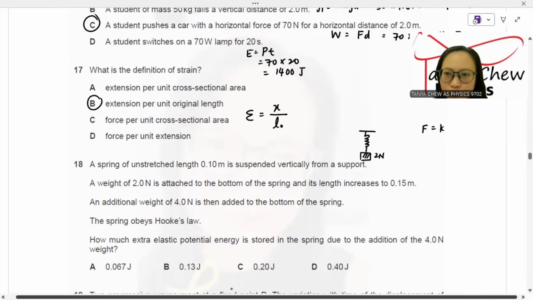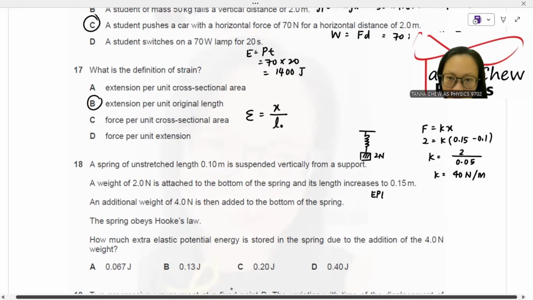F equals kx. F is given as 2 Newton. Extension is 0.15 minus 0.1. From here, my spring constant is 2 divided by 0.05, which gives me 40 Newton per meter. And then from here, I want to find my elastic potential energy due to this 2 Newton weight.